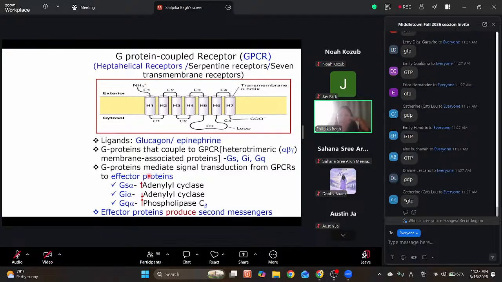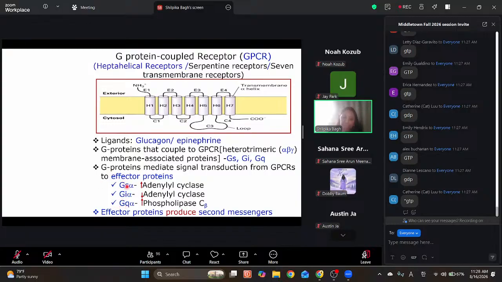So again, first identify the right ligand. For example, if it's a heptahelical receptor, the ligand is not insulin, it's glucagon or epinephrine. Then are they recruiting GS, GI, or GQ?